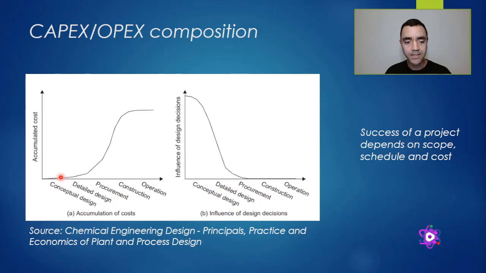So you expend less money during the engineering phase of your project, and when you get into the procurement, that is the purchase of the equipment, you have a big increase in the cost accumulation, because now you are expending more money in your project because you are buying the equipment. As we have seen, equipment is one of the biggest percentages of the cost of a project. And when you get into the construction, it is also a major cost of your project.